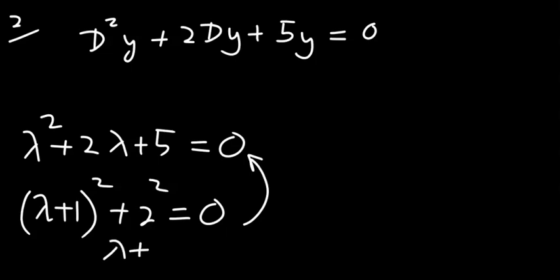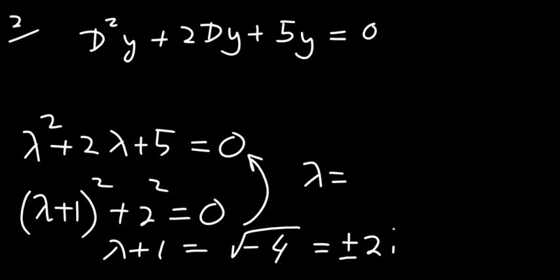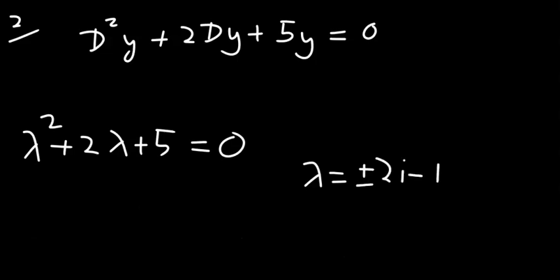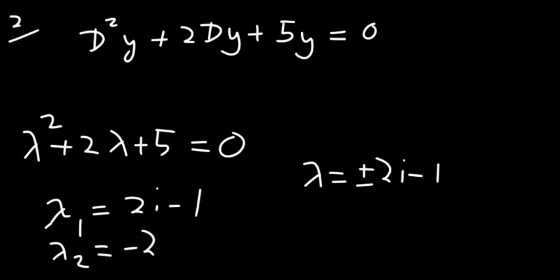That means λ + 1 is the square root of -4, which is just ±2i. And λ is therefore ±2i - 1. So you have two values for λ: λ1 being 2i - 1, λ2 being -2i - 1. So they are different, but they are not real.